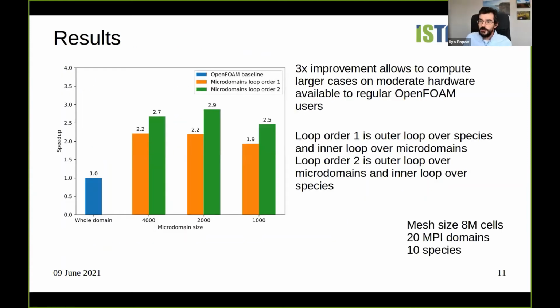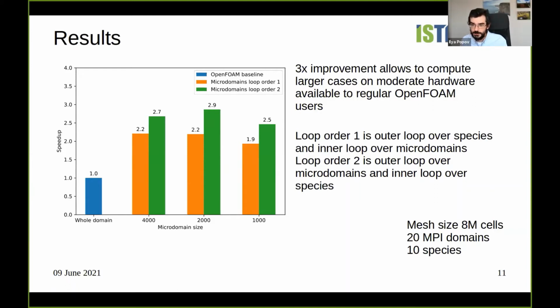And here are the results of this demo case. This was an 8 million cell mesh divided into 20 MPI domains, for 10 species and for different microdomain sizes. Performance here is relative to the OpenFOAM code.